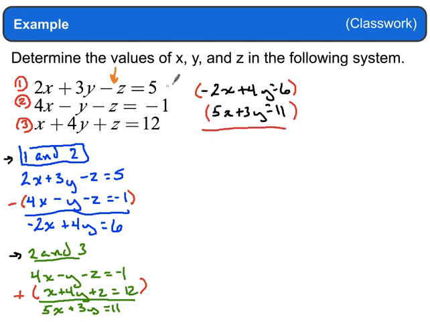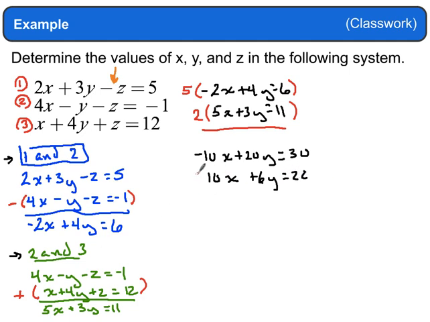And so when I do that, I'm going to multiply this first equation by 5. I'm going to multiply this second equation by 2. And so my 2 brand new equations will be negative 10x plus 20y equals 30. My second equation is going to be 10x plus 6y equals 22.